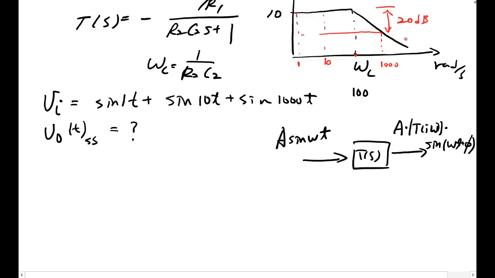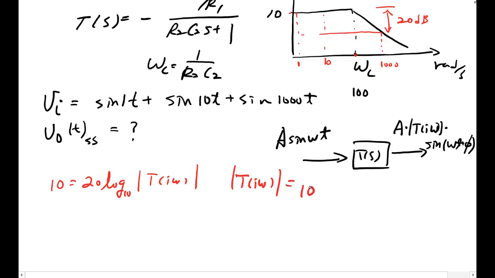So what does this 10 mean? That's dB. In other words, we get this 10 by taking 10 equal to 20 log of the magnitude of the transfer function. From here we can get T(i omega), which is 10 to the 0.5, which is equal to the square root of 10.